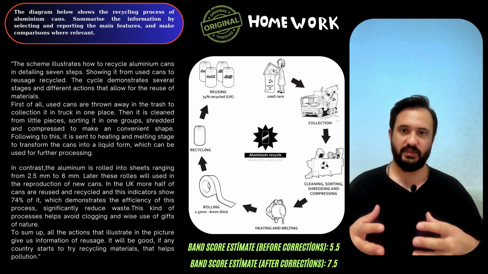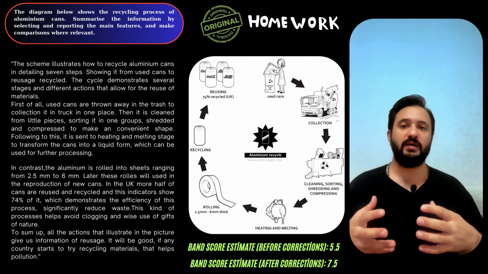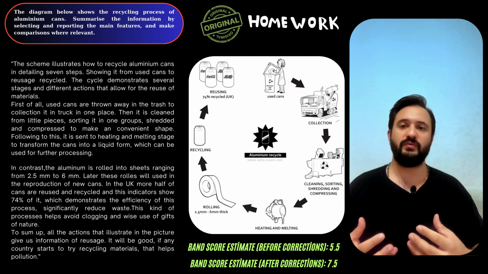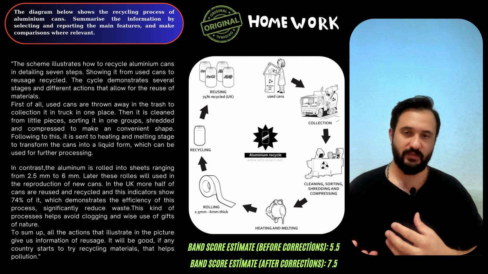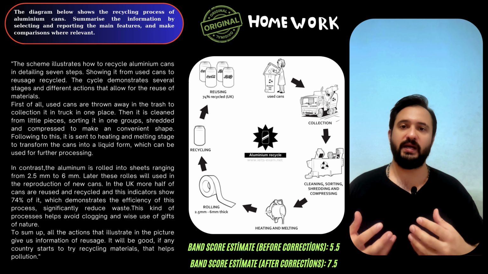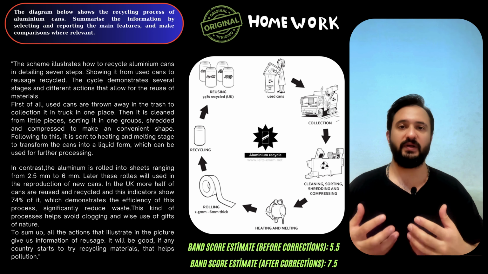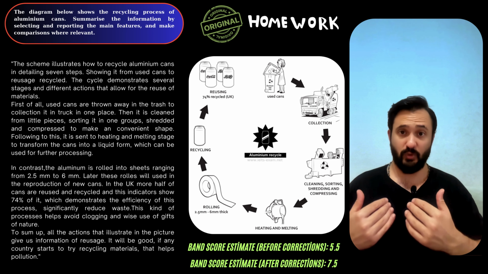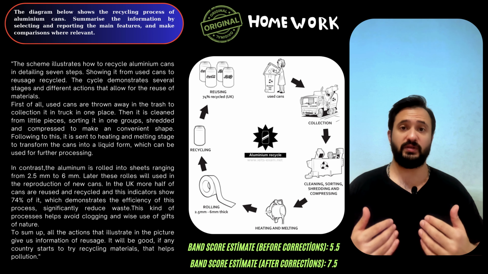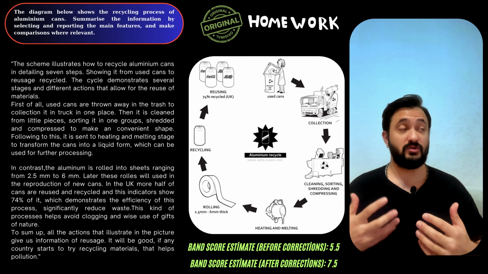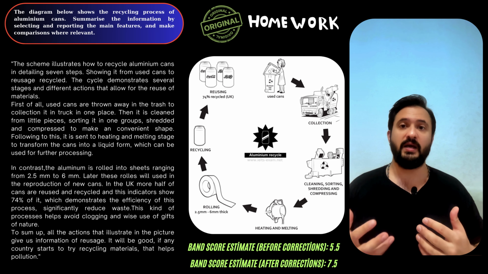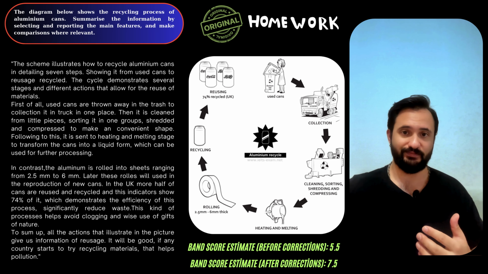This kind of process helps avoid clogging and wise use of gifts of nature. To sum up, all the actions that illustrate in the picture give us information of reusage. It will be good if any country starts to try recycling materials that helps pollution.